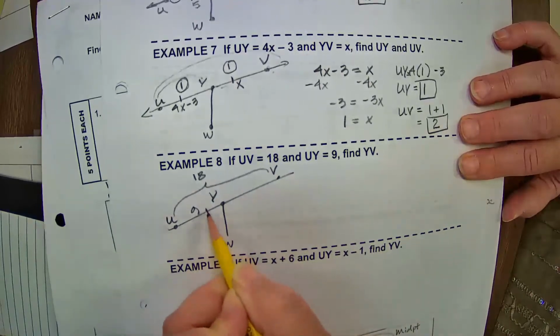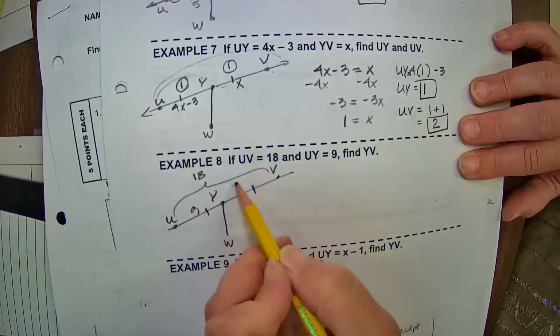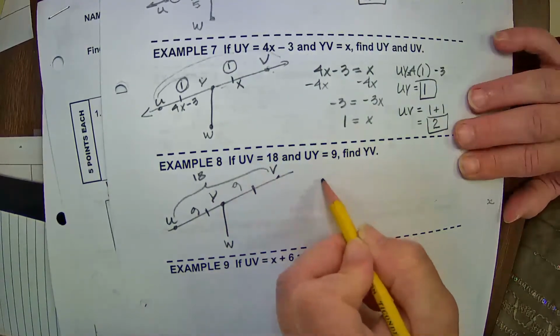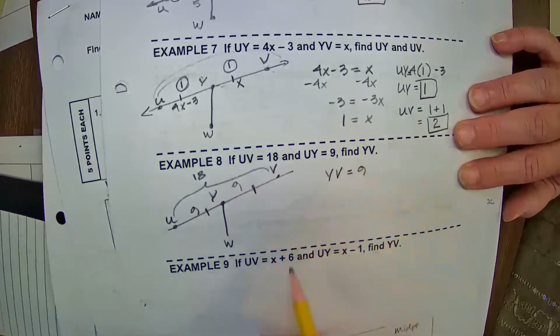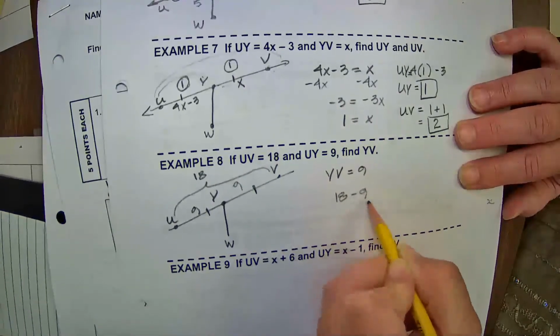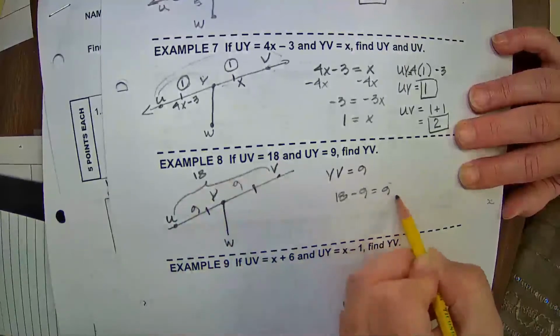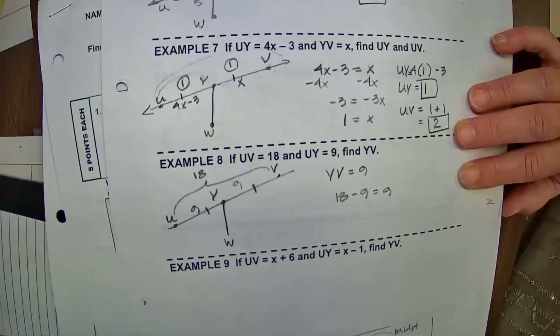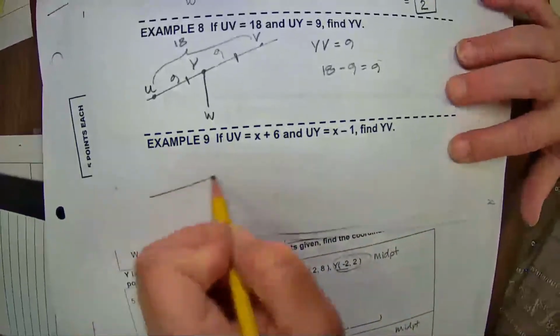What do we know about this side versus this side? They're the same. So YV is 9. I guess technically it was the whole thing minus the part we know, which was 9. And then that left us with the part we didn't know. Okay. All right, the last one.